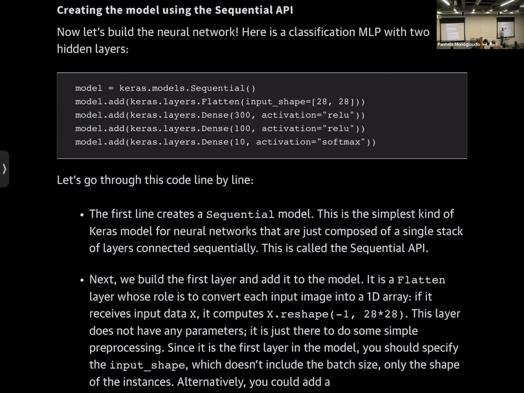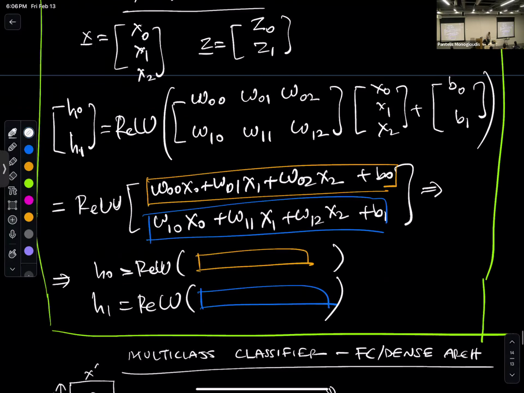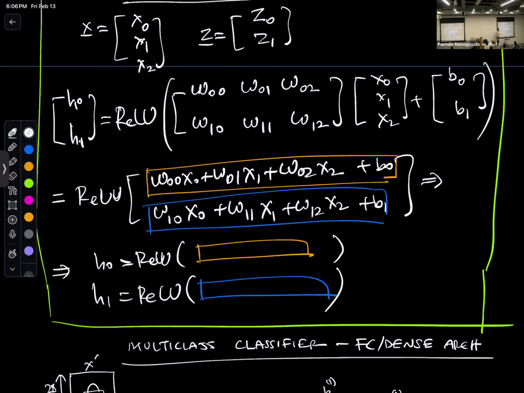If you remember the 3 by 3 to 2 projection, go back to that kind of projection. The number of neurons that you see here is how many? If you replace ReLU with a sigmoid, how many neurons do you see here? 2.